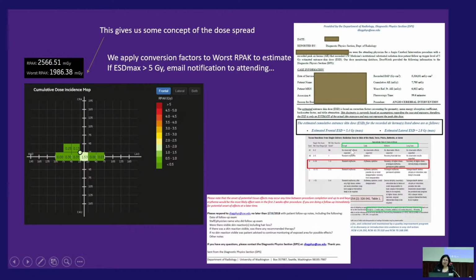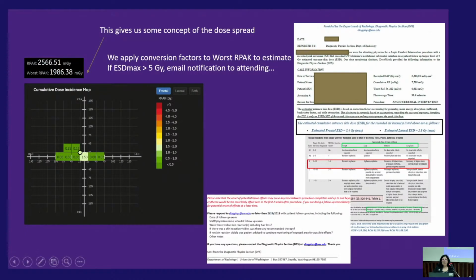And then we also send them some information from the literature as to what kind of tissue reactions could be possible. Now, this doesn't mean that every patient is going to get that. It's only been seen in 1% of the population. But we inform them, and then we tell them, hey, please send us a response back within a month, letting us know that when you did a follow-up of the patient, did you see any skin reaction or not?